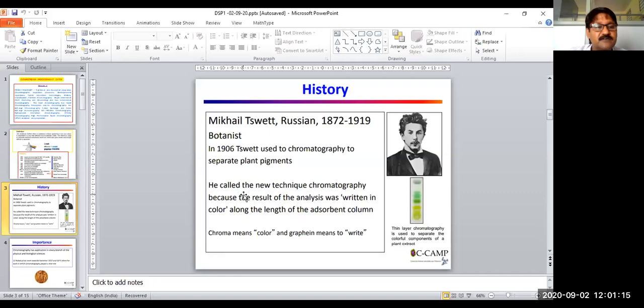This is how he called this new technique chromatography, because the result he analyzed was written in color along the length of the adsorbent column. Chroma means color, graphene means light.